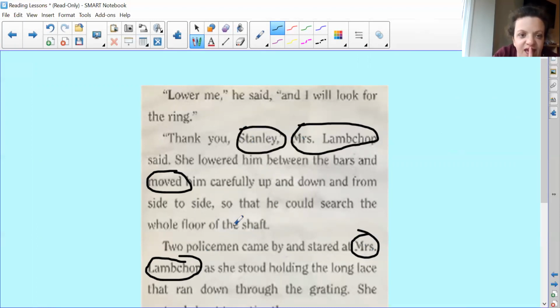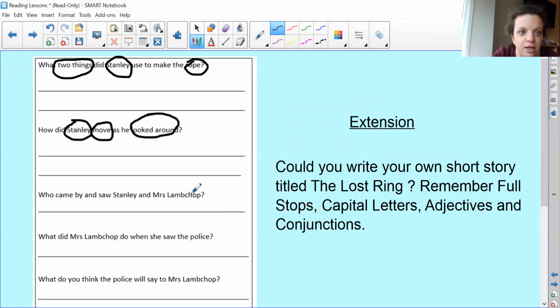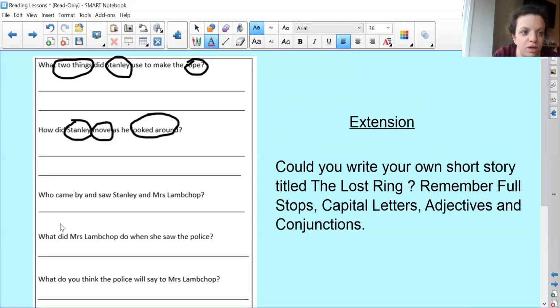Also, I'm looking for another character. So two policemen came by and stared at Mrs. Lambchop, because I know it's who, so it's going to be a character. So let's go back here and let's go on to the answer. So it'll be the two policemen that came by and saw Stanley and Mrs. Lambchop. Not Mrs. Lambchop, but the two policemen.